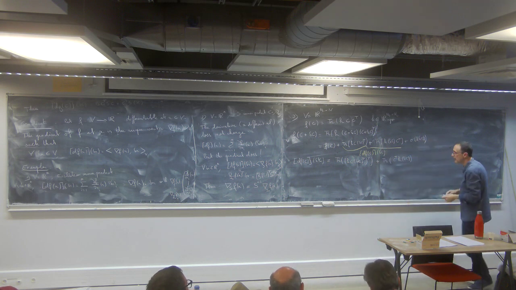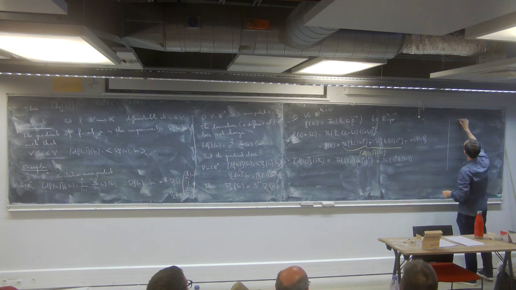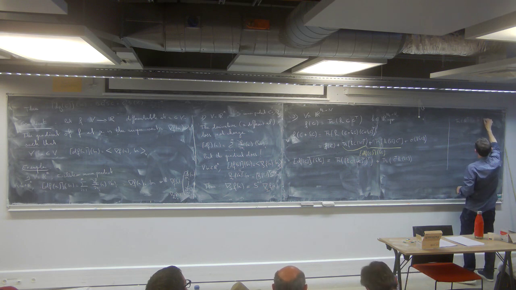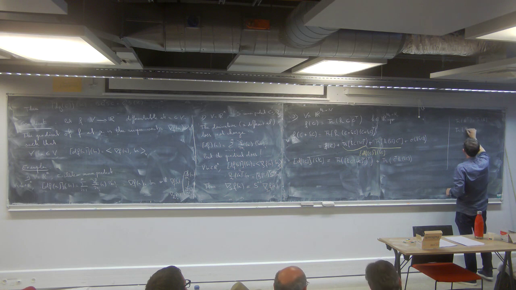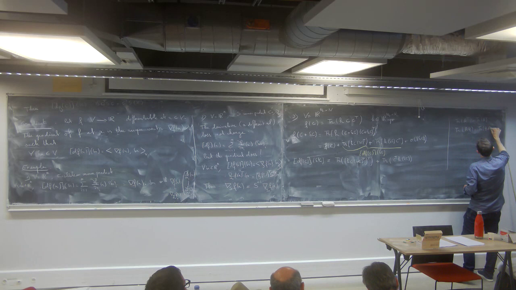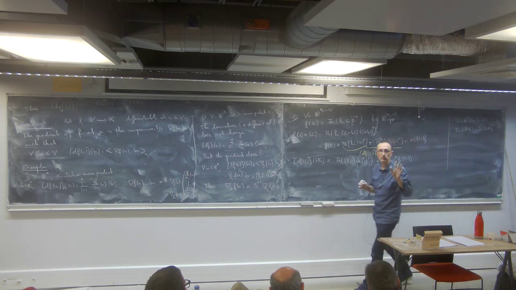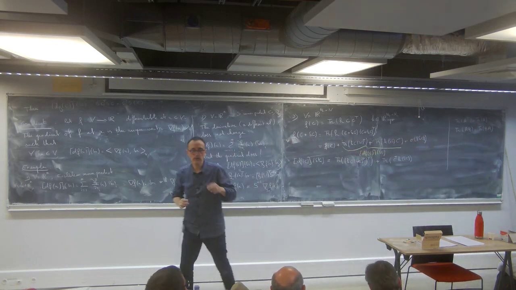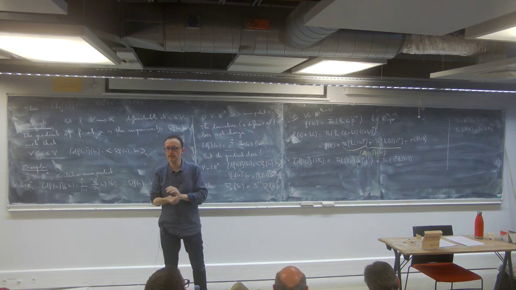So I'm allowed to do that because I have some important properties of the trace. The first one is that the trace of A transpose is the trace of A. It's obvious. The trace of AB is the trace of BA. So this property is called the cyclicity of the trace. It's used everywhere in quantum chemistry when you manipulate the expressions.